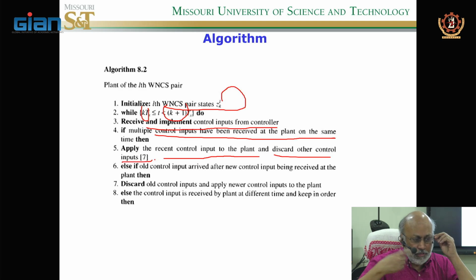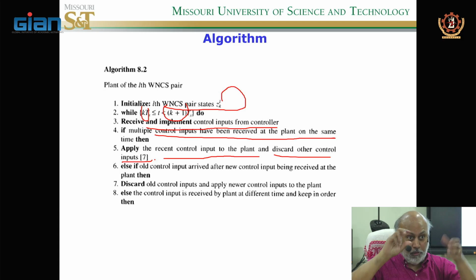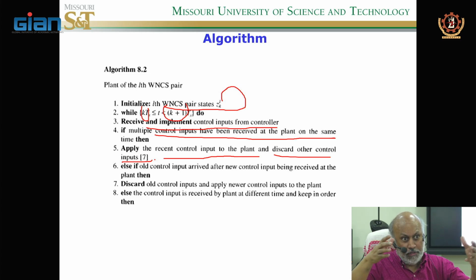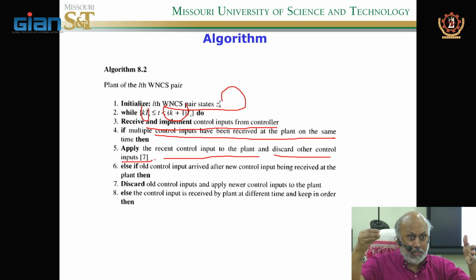Now, why are we receiving multiple control inputs? Remember, we talked about the protocol, TCP/IP. It's possible that multiple of them can travel different routes, and multiple of them would come, and you pick the most recent one based on the time, and then you transmit that and you ignore the rest of them.